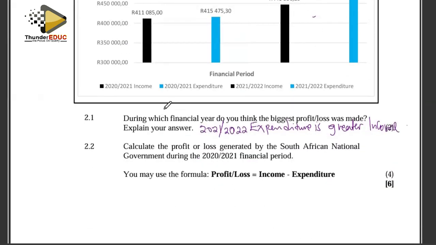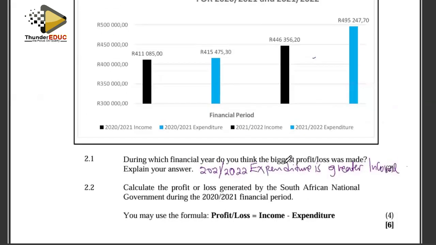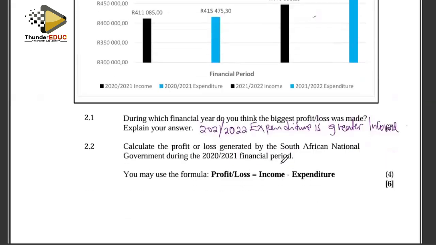Calculate the profit or loss generated by the South African national government during the 2021-2022 financial year. Now all you have to do is to substitute into that, pick the right numbers. Now, profit or loss, all you start with is income minus expenditure. So let's come in and we say our income, because we are looking at this year here.